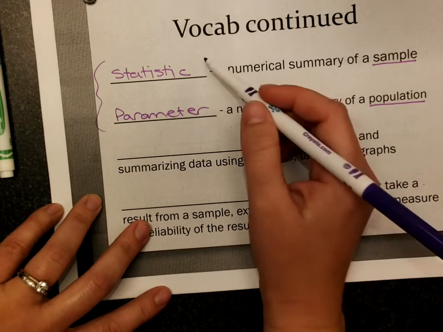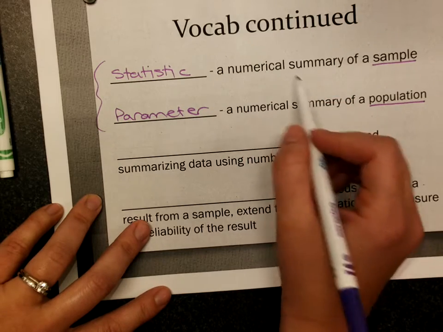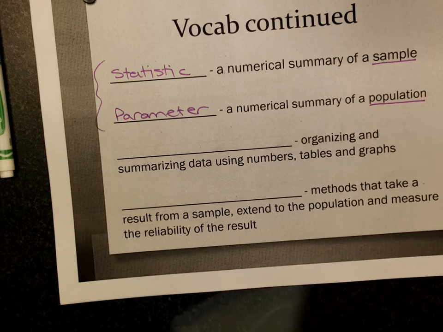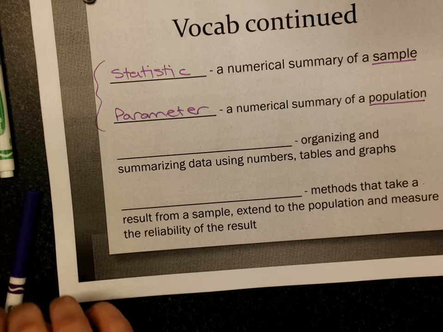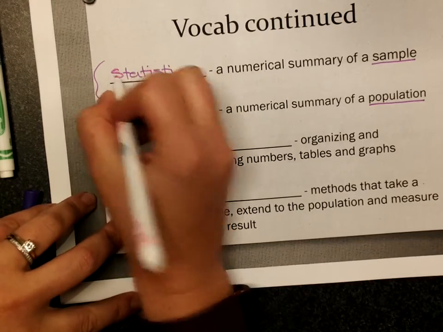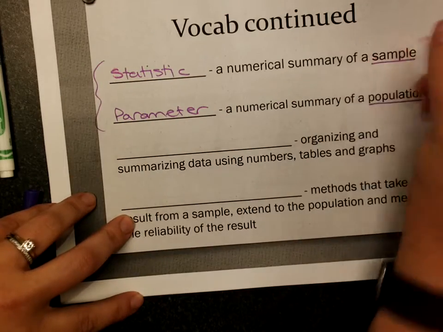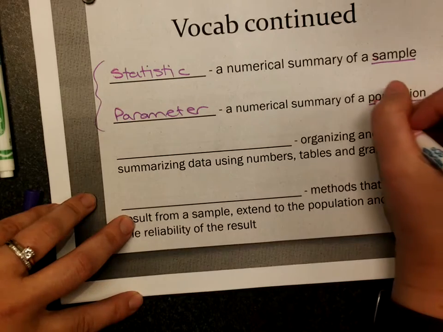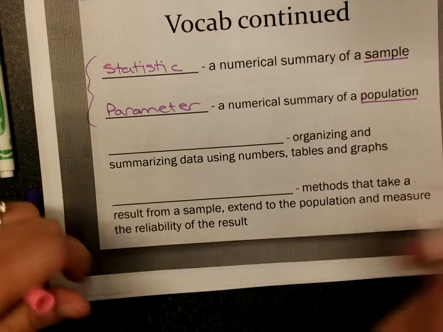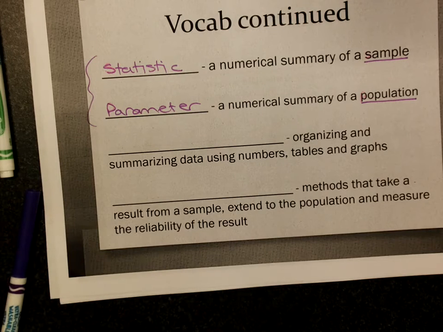So a statistic and a parameter are both numerical summaries. One's from a sample and one's from a population. The easiest way to remember that is that statistic starts with an S, sample starts with an S, parameter starts with a P, population starts with a P. To me, that's the way to remember the difference.